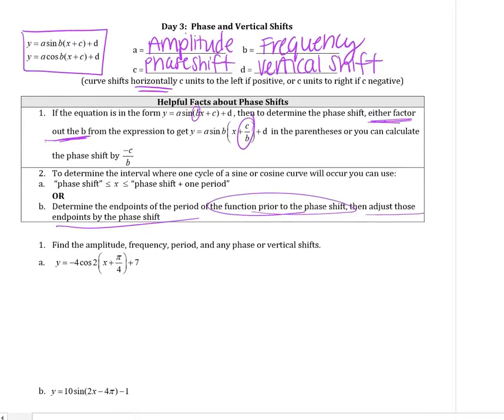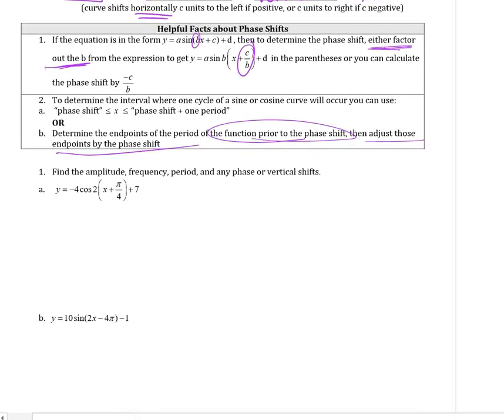So just some practice looking at amplitude, frequency, period, and phase shift of just any old function. Look at A. The amplitude is 4. The frequency, which is your B value, is 2.